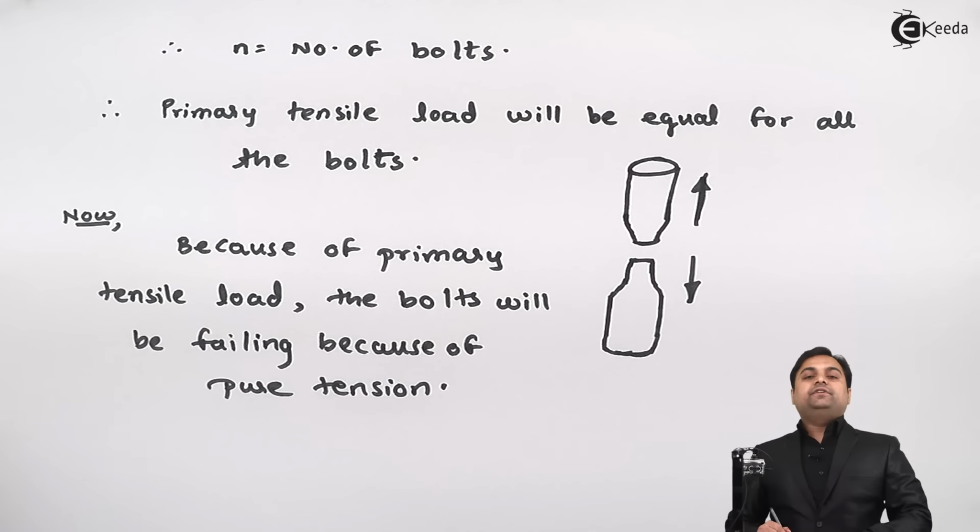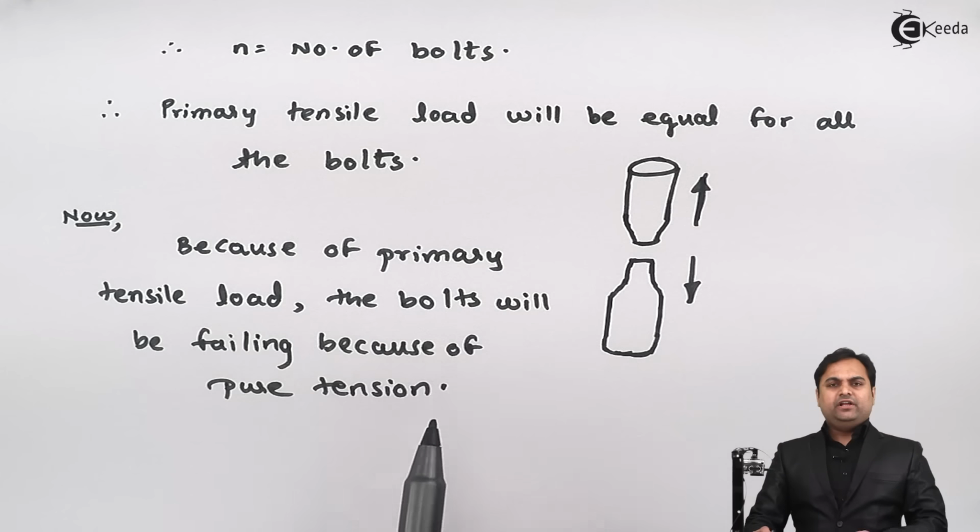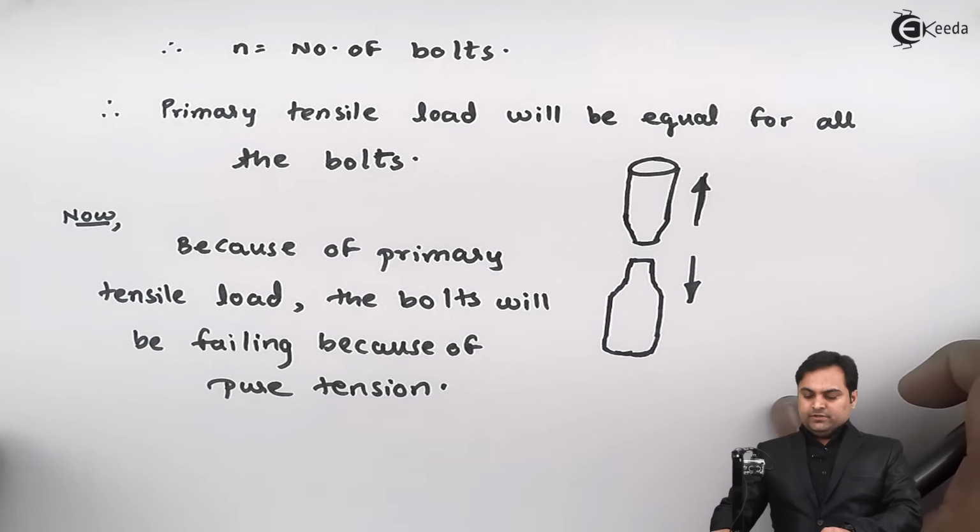So when we are considering the primary tensile load, we can say that the bolts would be failing only because of tension.